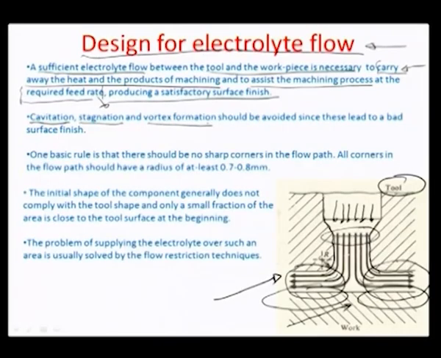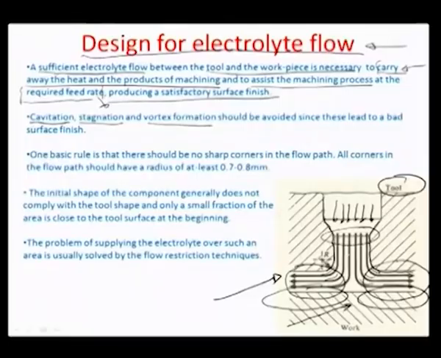Then there can be a possibility of stagnation of the flows. It is a creeping flow, a laminar flow. Supposing there are certain nooks and corners in the workpiece where, because of extremely low discharge rate, perfect streamlining happens.